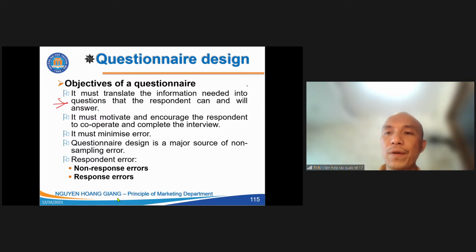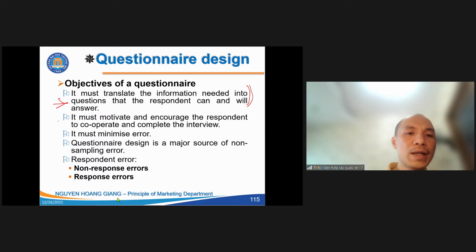Sometimes it's very difficult to explain in short to help the respondent understand what we are doing. And sometimes if we say it faithfully, maybe they don't want to answer. But if you hide it, they don't trust you. So it's very difficult for us sometimes to get the answer. So we must find out the suitable ways.